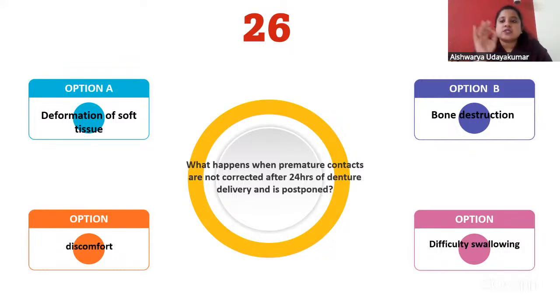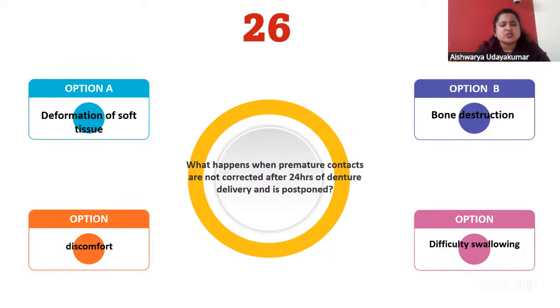The review is where the dentist does the good work, correcting the denture so that the patient is able to adjust to it. Now, even after 24 hours, premature contacts mean the contacts that the patient feels before having a proper occlusion. If you don't correct them, obviously bone destruction is the final answer.